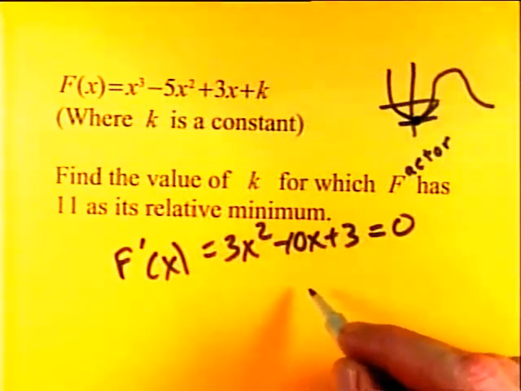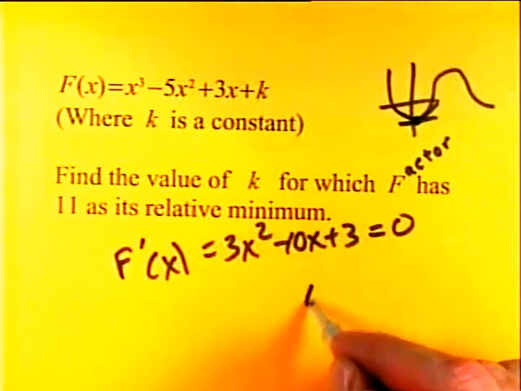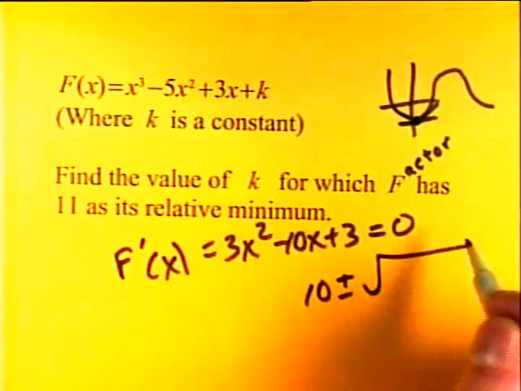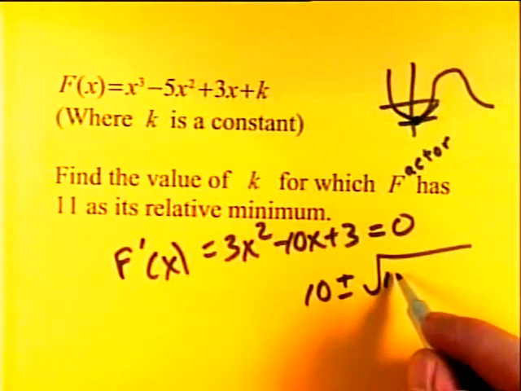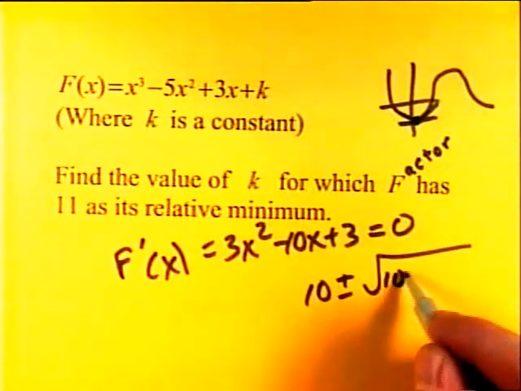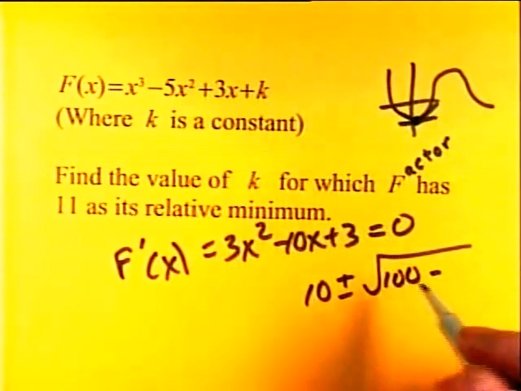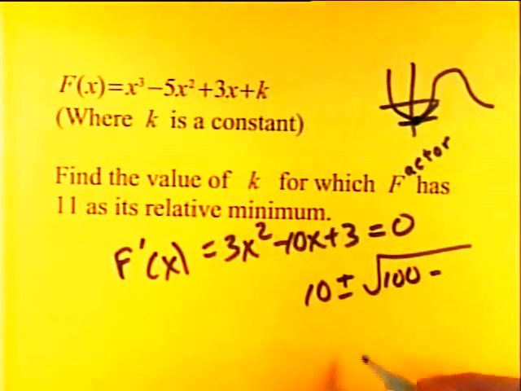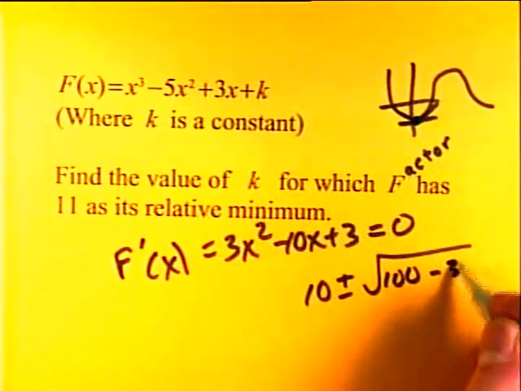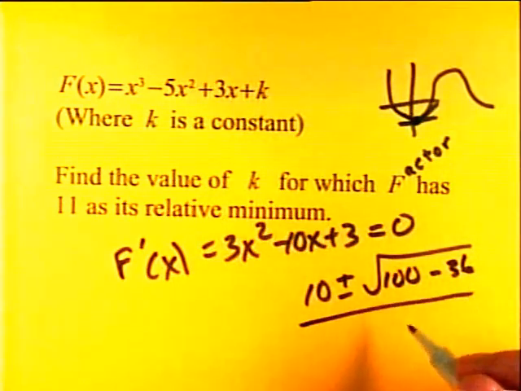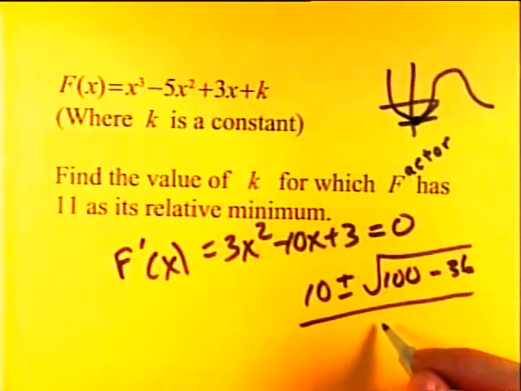The opposite of b, which is what? 10 plus or minus the square root of 100 minus 4 times 9, 36. So 10 plus or minus 6 over 6.